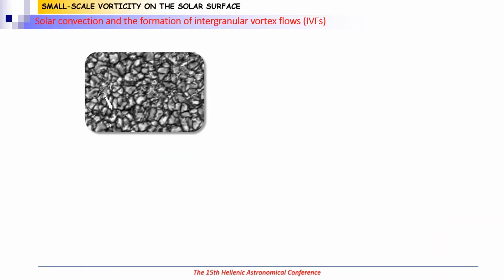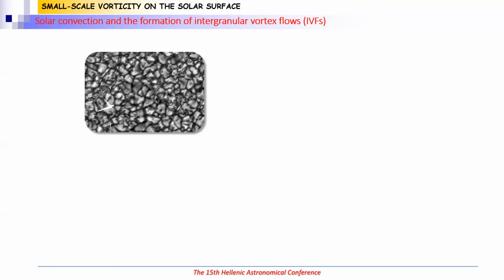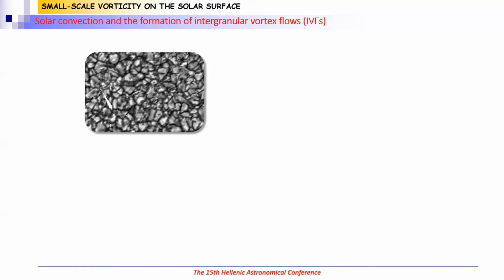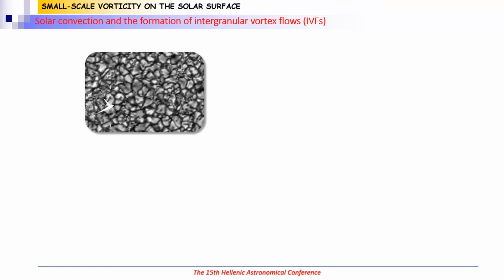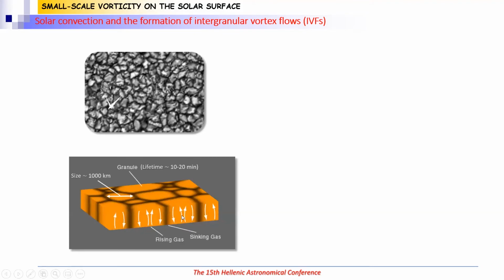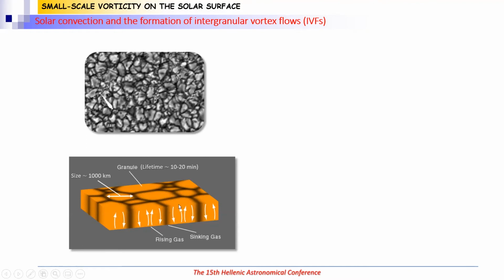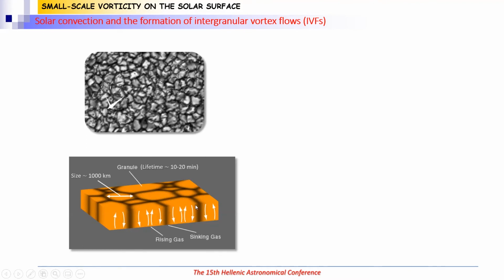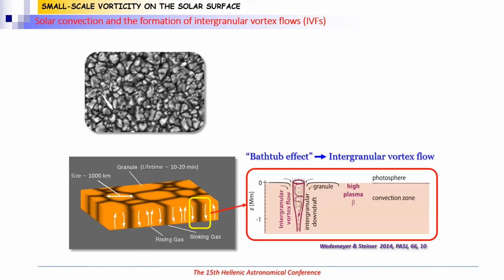We know that small-scale vorticity on the sun occurs because of convective motions. The visual aspect of convective motion on the solar surface is, of course, granulation. And as we know, in granules, we have hot plasma rising at the middle of the granule, and when it reaches the surface, then it cools down, and then it starts flowing back to the solar interior through the intergranular lanes.